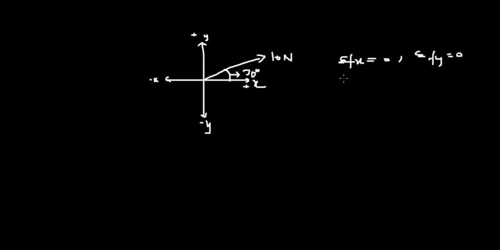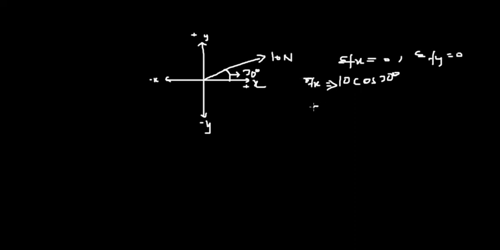Whenever you have to take the forces along the x axis, since the angle is in between the x axis and the force, you use cos. So this will be 10 newtons cos 30 degrees. So this will be the force along the x axis.